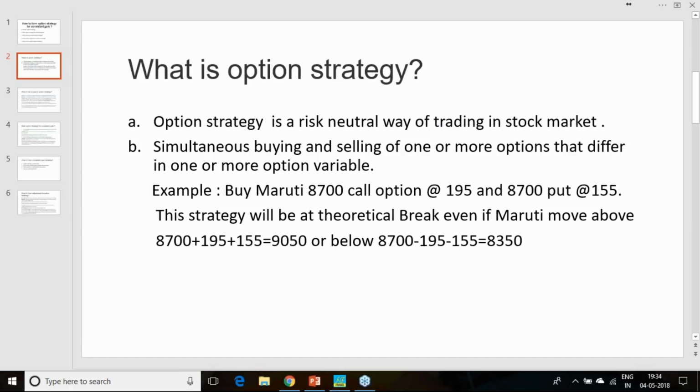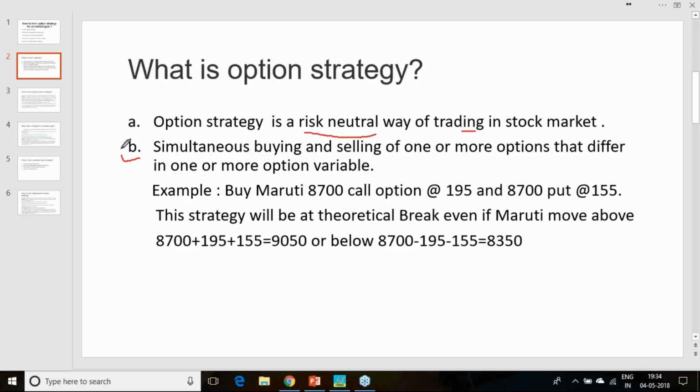We can just calculate the trend. Based on the trend breakout, we can take a call. All technical studies say that. If you say moving average, oscillator, indicators, or GANN study, everybody says that you can calculate the trend. If the trend gives you one breakout, you can go for that. So there, option strategy helps you to form a risk neutral way of trading.